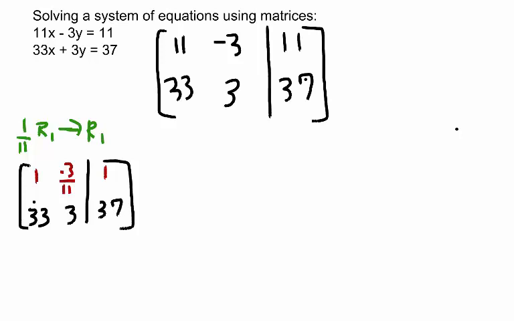For our next step, let's perform the row operation -33 times row 1 plus row 2, and we'll store that in row 2. So our next step is -33 R1 plus R2, and we're storing that in R2.